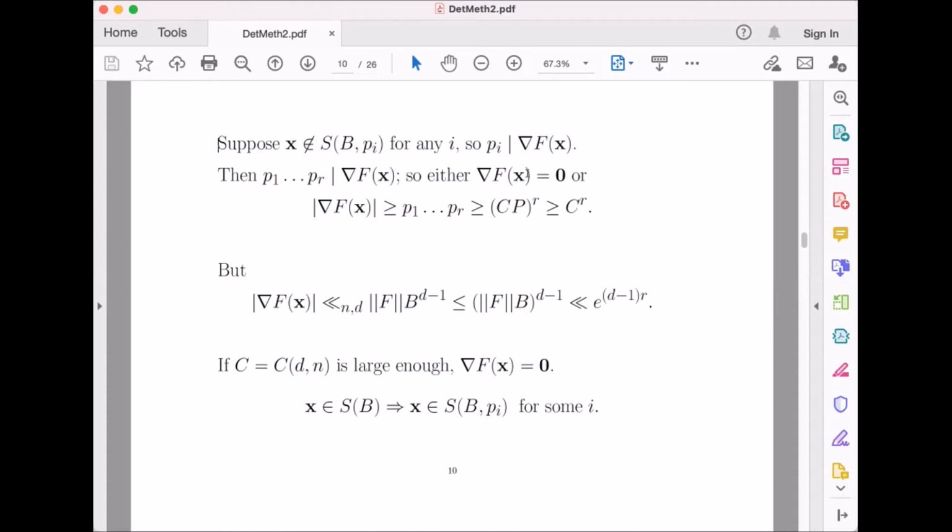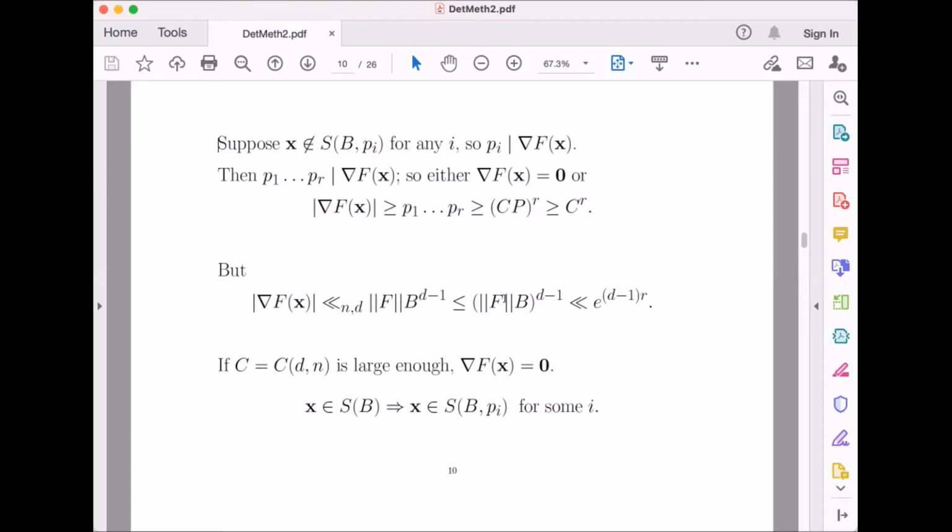Now this means either that grad f is equal to naught, in which case we're in the original set S_B, the point was singular globally, or |grad f| is bigger than the product of all these primes. And the primes are all bigger than cP, so we get at the very least c to the power r. On the other hand, we know that grad f has size at most the norm of the function f, and the x's are of size b, so we get a bound norm f times b to the d minus 1.